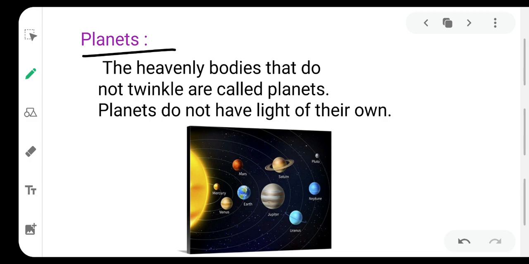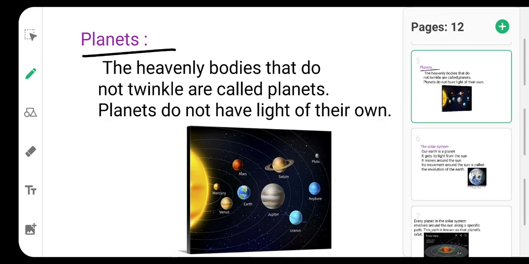So let me clear to you that planets get light from the stars. Now you can see the image which is displayed. There are the names of the planets.